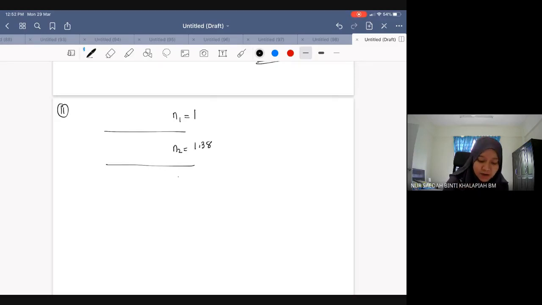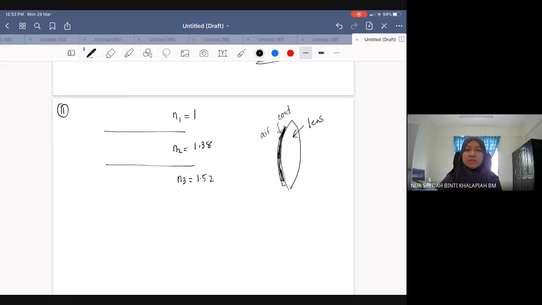Lepas tu baru lens glass kita 1.52. Okay, ingat ya. So kan kita punya lens macam ni, sebelum tu kita coat dulu dengan ada coating lah, maksudnya tinted lah. So air dahulu, lepas tu baru coat kita, lepas tu barulah lens tersebut. Okay, so kena tahu lukis thin film kita.